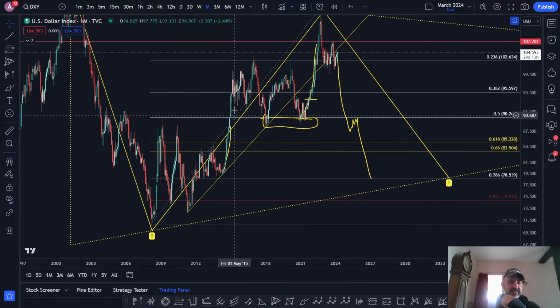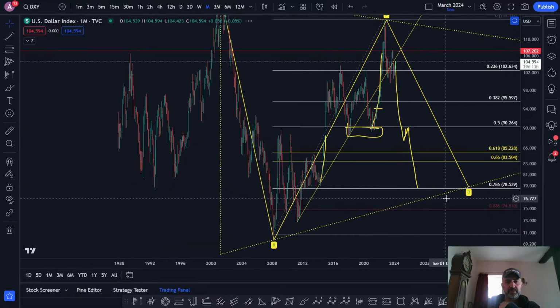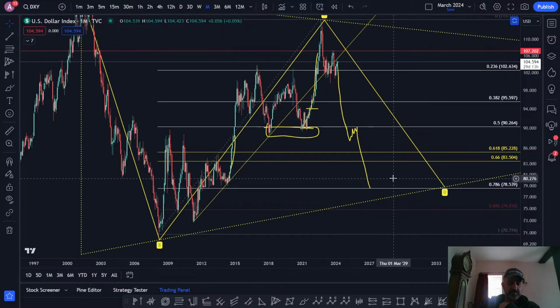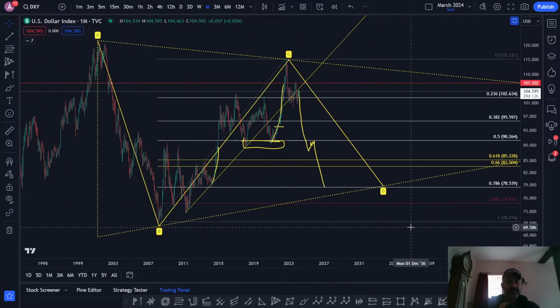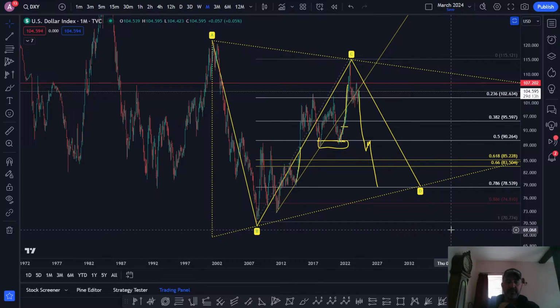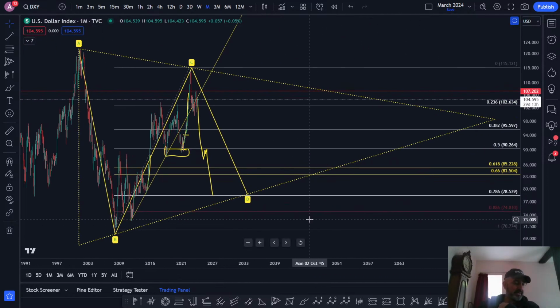In the same way the ascent was very quick, it's very possible that if you lose these lows and backtest this 50% mark as resistance, you're going to get another crazy sell-off on the dollar, and then you're back into this lower part, which would make sense. Maybe forming some kind of higher time frame equal triangle like that.